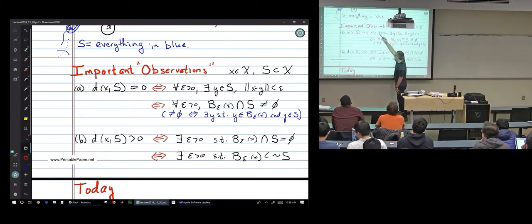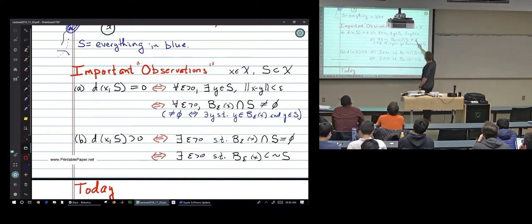So that means no matter how small my approximation error, I can find a point in S such that the distance from x to y is less than epsilon. And so that means no matter how small of an epsilon I take, if I take an open ball about that point, it has to intersect S in a non-empty way. So it must contain a point in S.